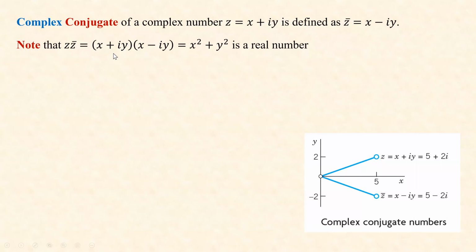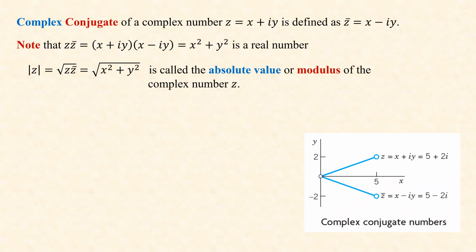So if you multiply these two, it becomes x squared plus y squared, and it is a real number. So if you multiply any complex number by its complex conjugate, you get a real number, that is the sum of the squares of the real and imaginary parts of that number.